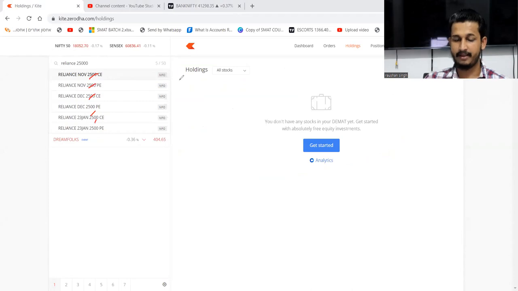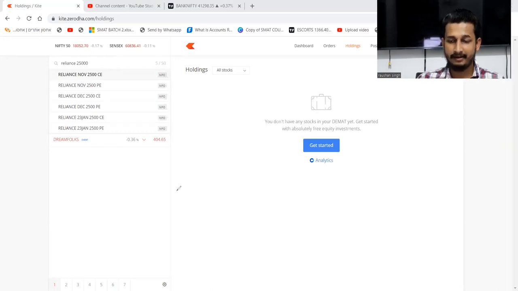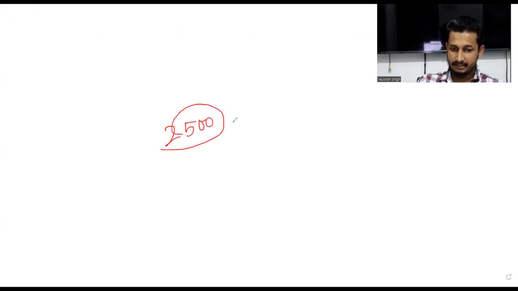Let's understand that part. It's not that complicated. This 2500 is basically our strike price, we call it strike price.